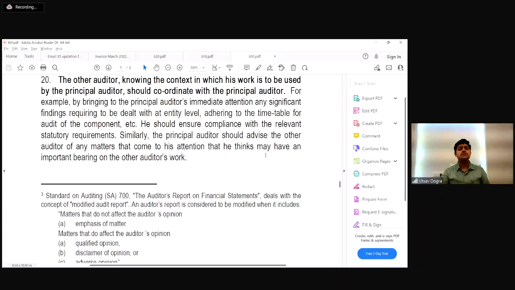Similarly, the principal auditor should advise other auditors of matters that come to his attention that he thinks may have an important bearing on the other auditor's work. The example I set right now fits this situation completely: he thinks that this particular account shall not fall under the category of NPA as per the RBI guidelines, however the account is not functioning well, or it has been dressed up in a way to get it out of the caveat of NPA.